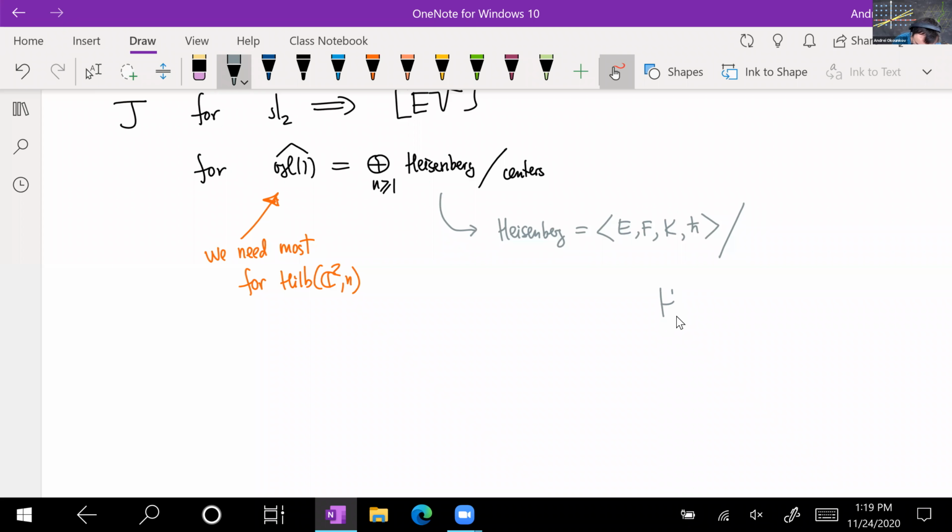I can take H to be H bar to the power X d by dx, K to be H bar, E to be X and F to be minus d by dx.